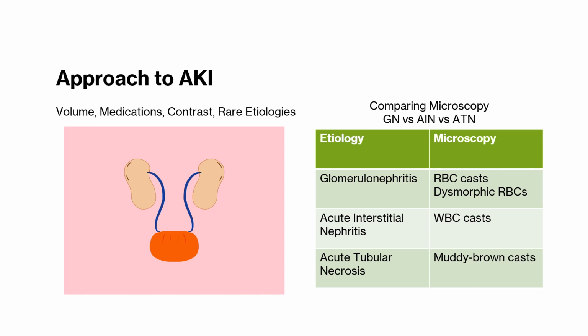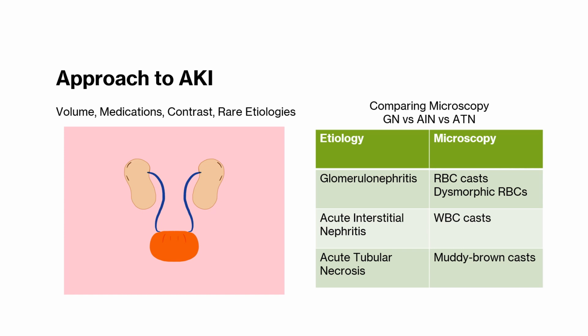And so speaking of glomerular nephritis, acute interstitial nephritis, and acute tubular necrosis, I want you to look at the microscopy, and that will lead you toward one of those 3 diagnoses. In the table on the right, you can see glomerular nephritis classically has those red blood cell casts.